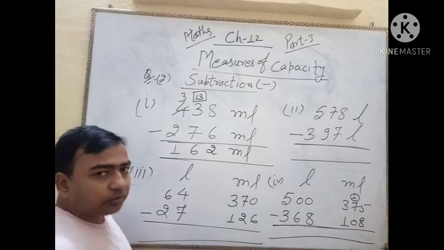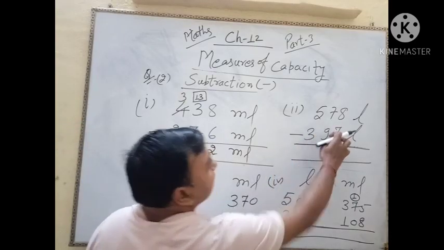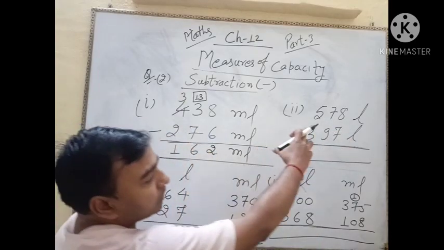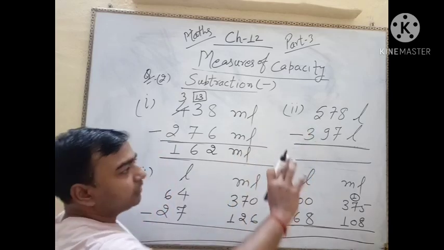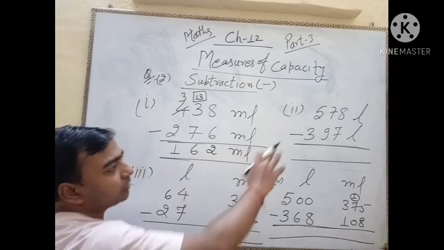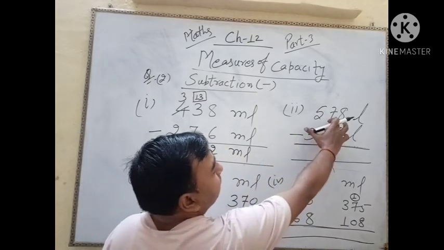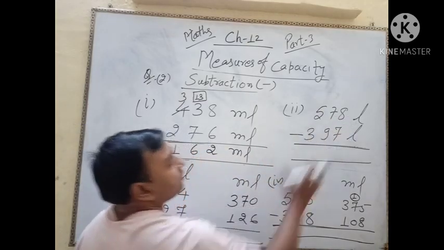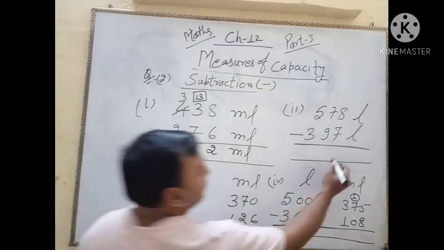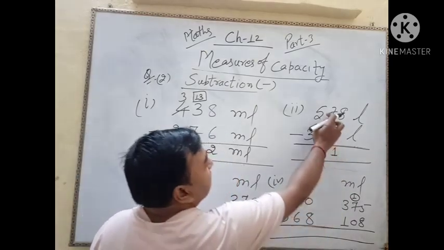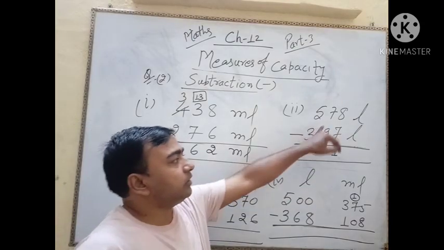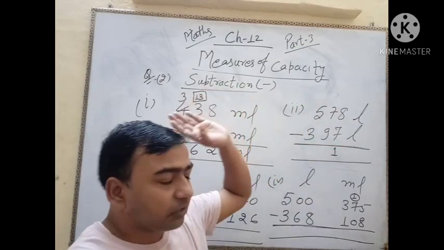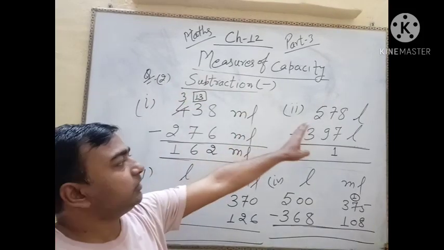Now come to the second question. 8 minus 7. The upper number is greater than the lower number, so we don't need to borrow from the 10th place or 100th place number. This is simple. 8 minus 7 equal to 1. 7 minus 9, can you subtract 9 from 7? Yes, we can subtract, but after borrowing.